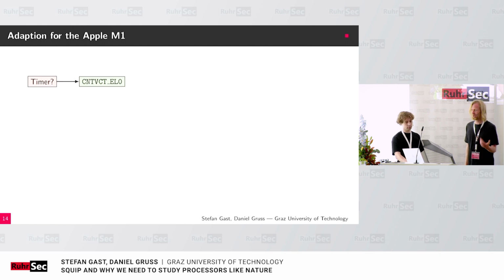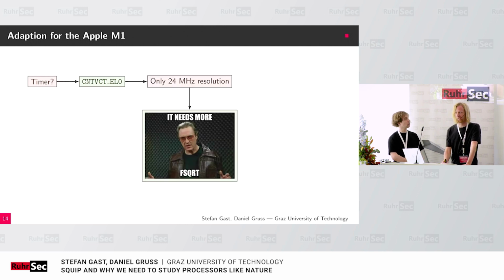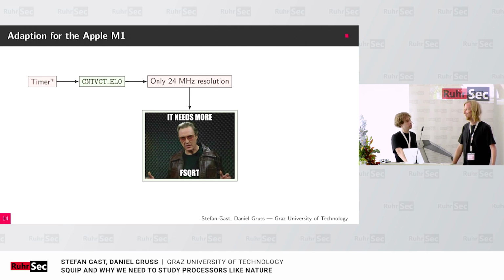One problem there was that we don't have a timer that has such a high resolution, but that problem can be easily solved because if we want a larger timing difference, then we just delay the multiplications even more. In that case, we just use more square roots.